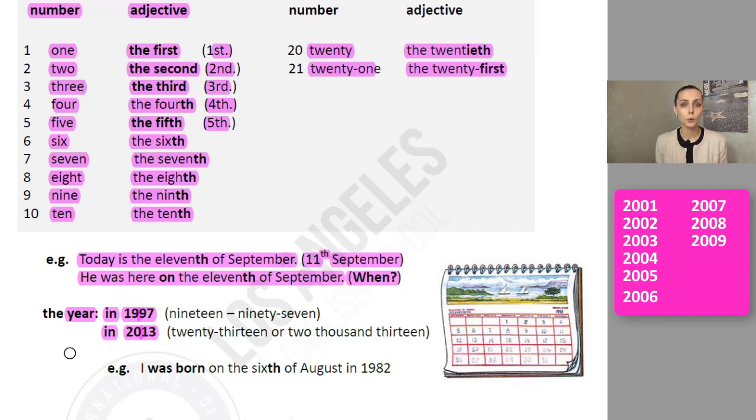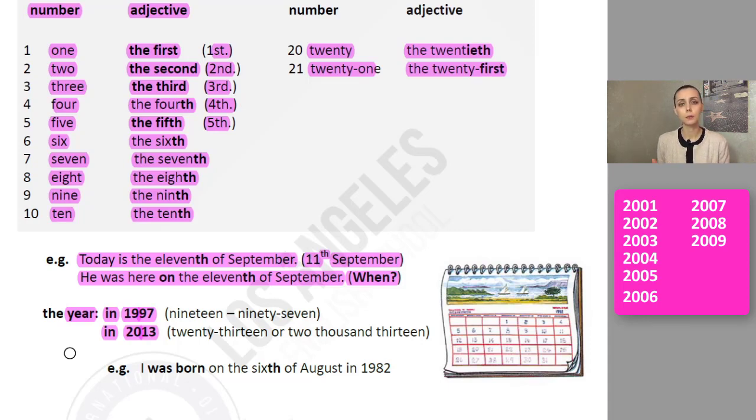Also, in the American version, it is 2001, 2002. In the British version, it would be 2001, 2002. So basically, both options work. Also, for more informal language, you also can say 2001, 2002, 2003. It also works.